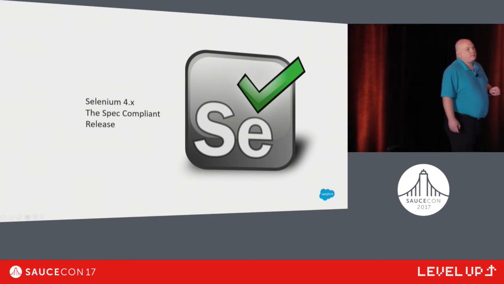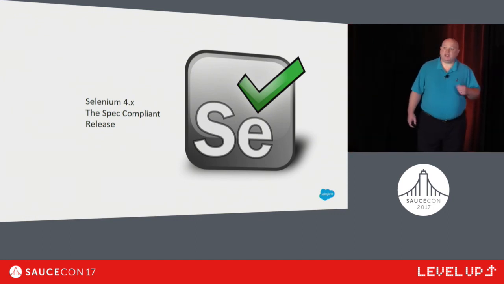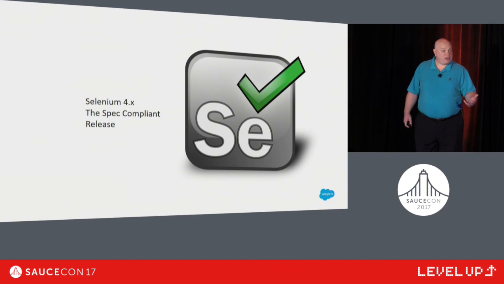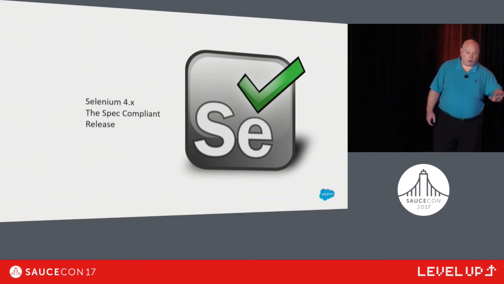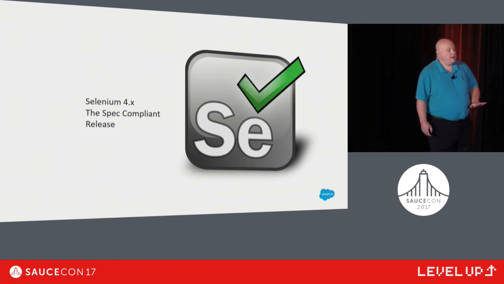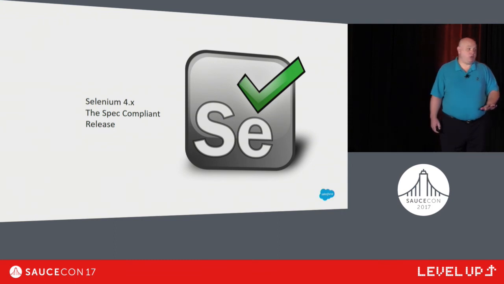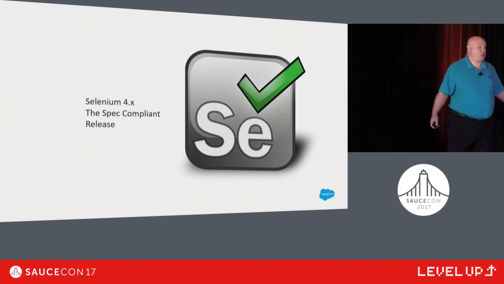And so vendors like SauceLabs, who provide the ability to start up a new session remotely with some sort of authentication and that kind of thing, are going to have to make some adjustments for how to make that happen appropriately and stay spec compliant. Because the spec mandates that if you get something in the payload that you don't like that's not spec compliant, you don't create the session, you send an error back.